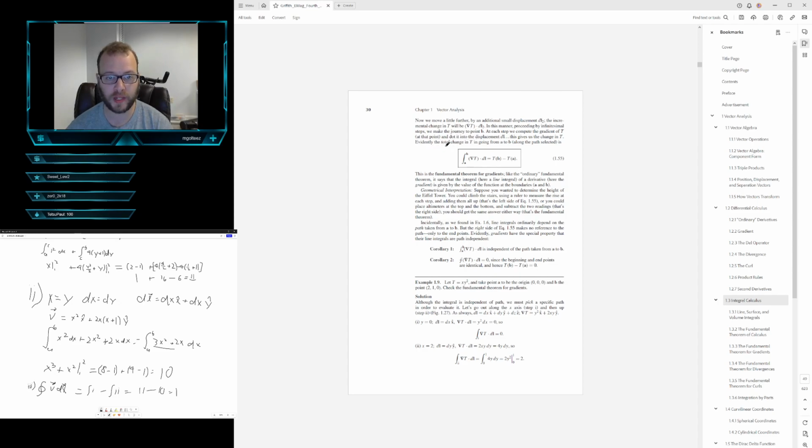Eventually, the total change in t going from A to B along the path selected, the integral of the gradient of t dotted into dl, is equal to the function t evaluated at B minus the function t evaluated at A. The line integral of a gradient is given by the function at the boundaries, a and b.